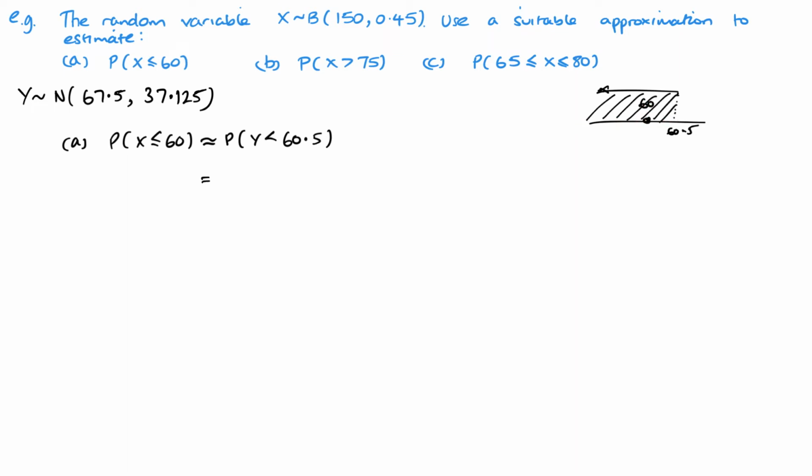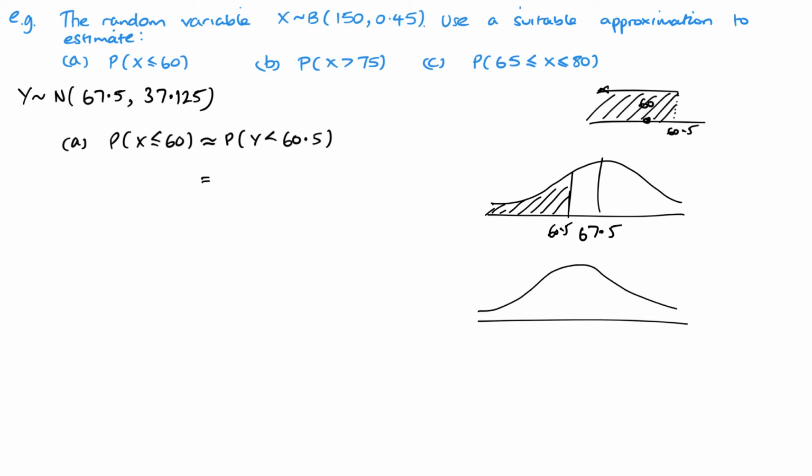Now that we've got what we're trying to work out, it's just a matter of using your S1 knowledge, isn't it? So for that, you need to find your value of Z, don't you? If I just think of the diagram, we've got 67.5 in the center. We want less than 60.5. So this is what we're looking at.